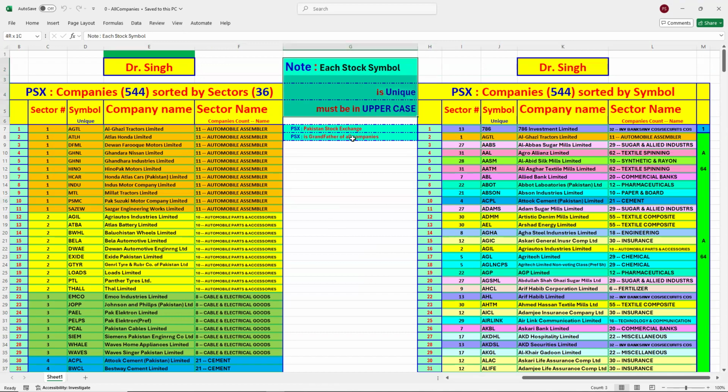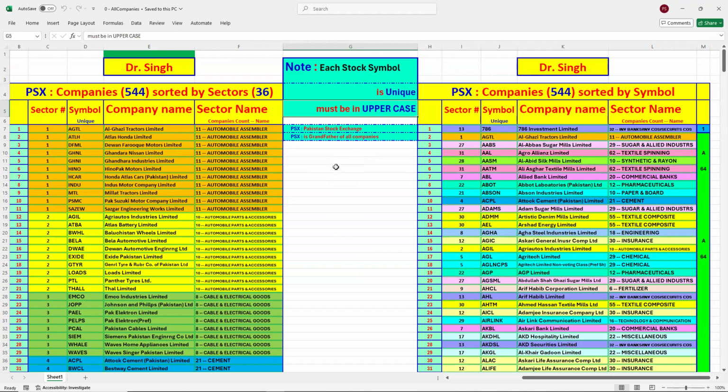Let's look at this part over here first. Note each stock symbol is unique. That's how the PSX that appears right over here distinguishes one company from another. The other rule, there are a lot of rules, but I'm just using maybe one or two of them.